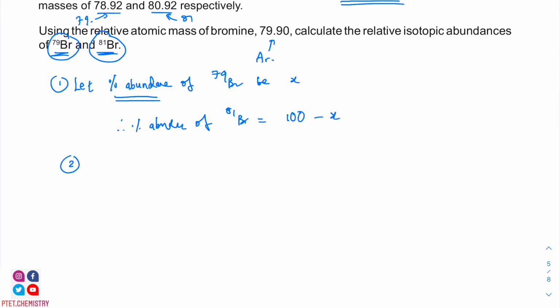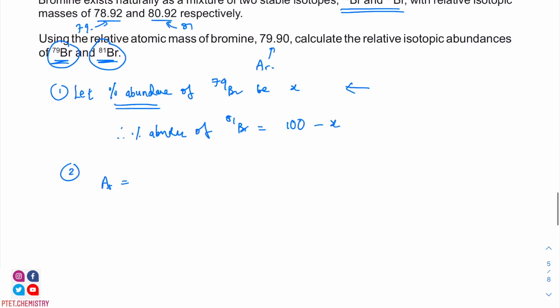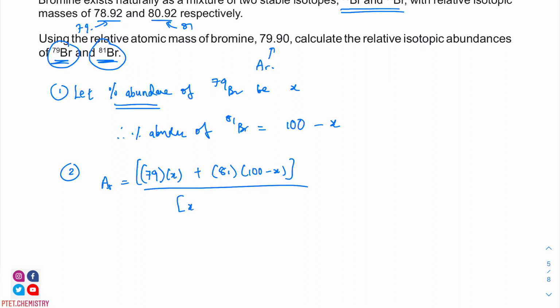All right, so if I work in algebra format, then my relative atomic mass is going to be, well, I have X percent of 79 bromine, so 79 times X, plus 81 bromine, sorry, 100 minus X percent, and then my total percentage was X plus 100 minus X, which I know was 100 because I have two isotopes.